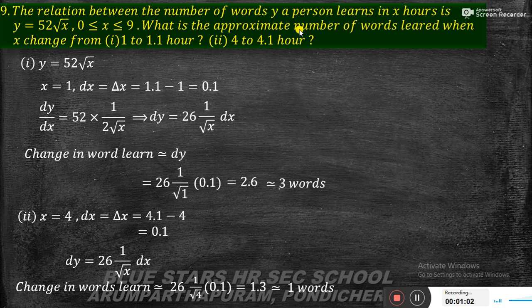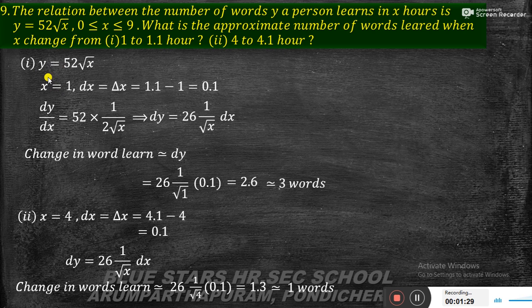Then what is the approximate number of words learned when x changes? That means they give the x hours. Suppose the x hours change, then what is the number of words the person learned? That means they give the time 1 to 1.1 hour, and subdivision two, 4 to 4.1 hour. So subdivision 1.